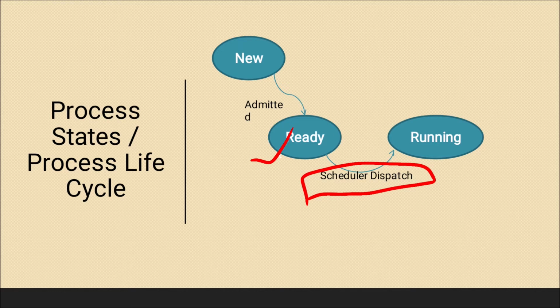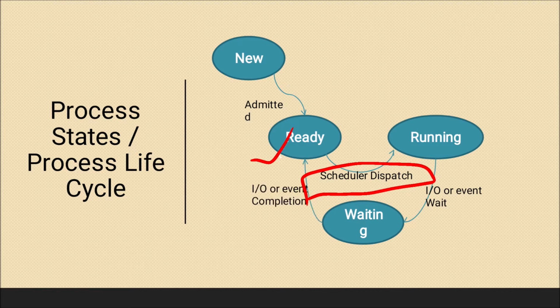Now in the running state, the process is executing, and whenever any input output is required or an event wait occurs, it goes into the waiting state. After the input output or event completion, it again goes to the ready state, not to the running state.